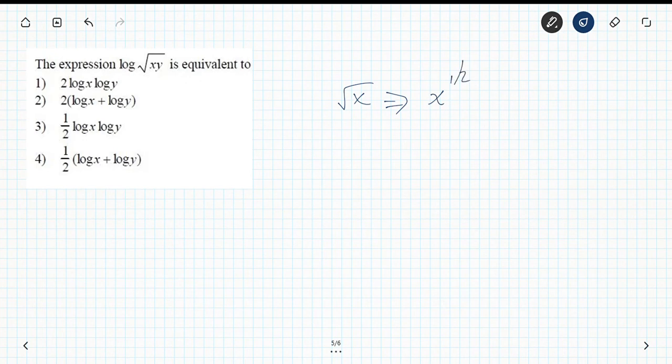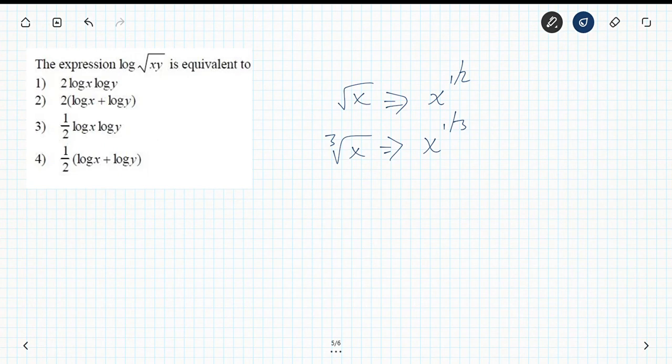And similarly, if we take the cube root, we can express this as x to the 1/3, and so on and so on, okay? This is sort of a rule of exponents, but let's take this into account, okay?